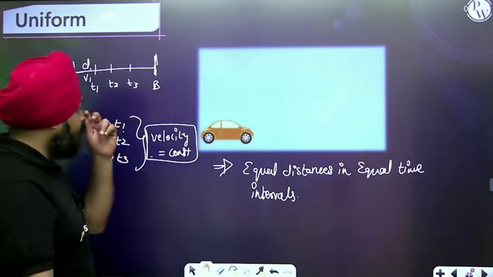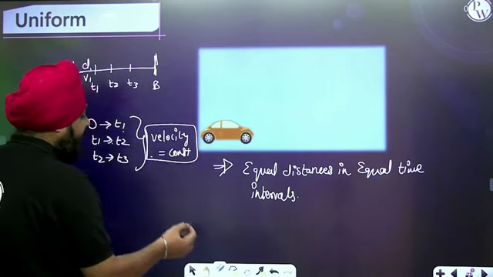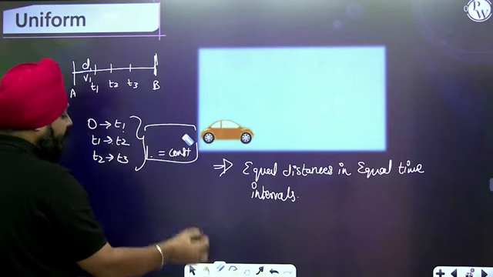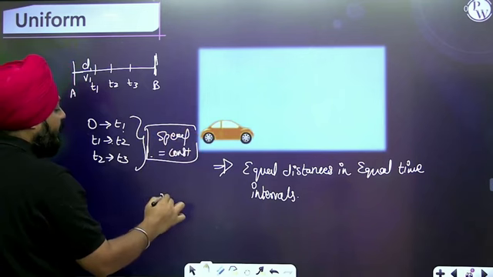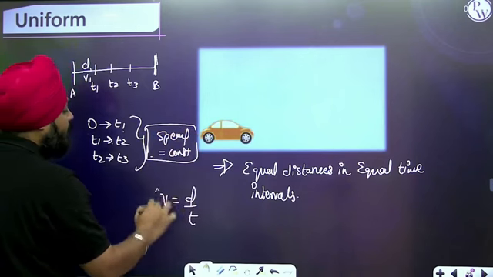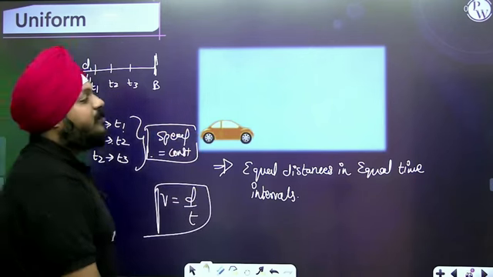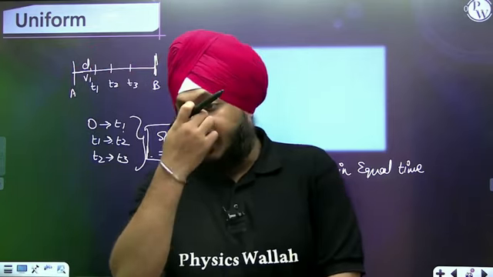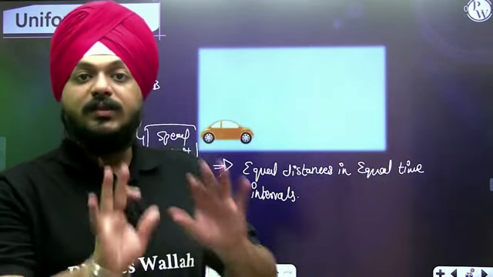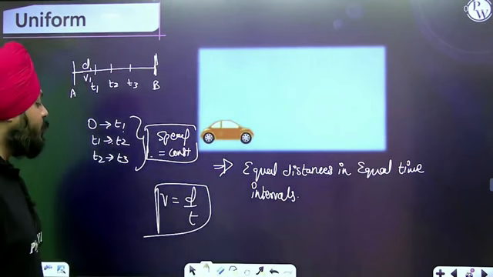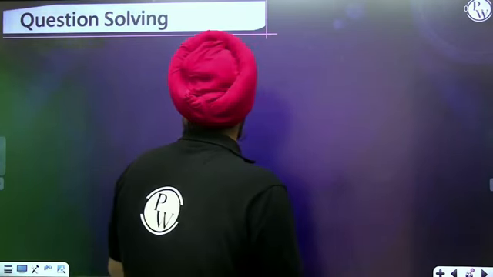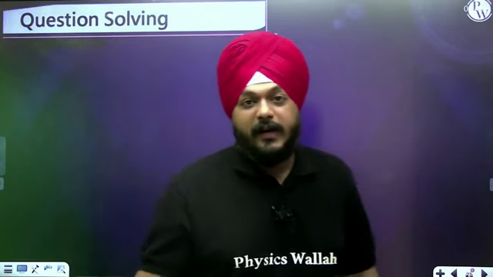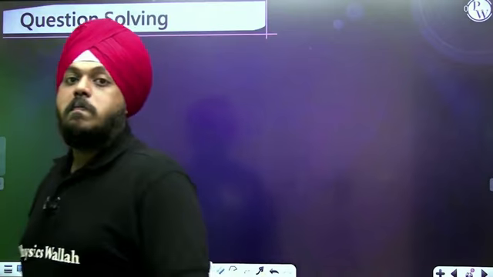And it is based on one simple formula: speed is equal to distance by time, and velocity is equal to displacement by time. Only one simple formula. This is all the simple concept of uniform motion is about. On the basis of this, only one question-solving approach is there in uniform motion.